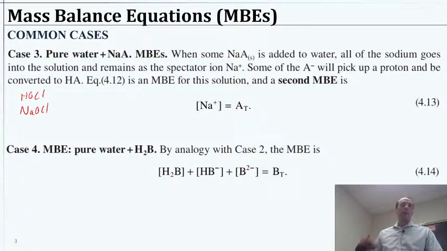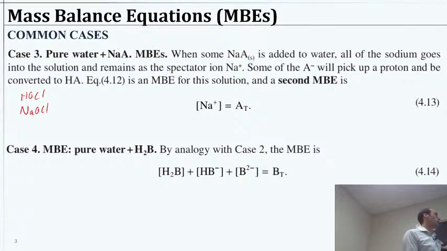Okay, so if we add something like that, then what we can say is the total amount of A is also equal to the total amount of sodium, because for every 1 A we added 1 sodium. So that's at least 1 mass balance relationship we can set up there. Does that make sense? So it's just looking at the stoichiometry and saying, oh, we can make a relationship that we know is going to hold true, assuming this is all that's in solution, right?